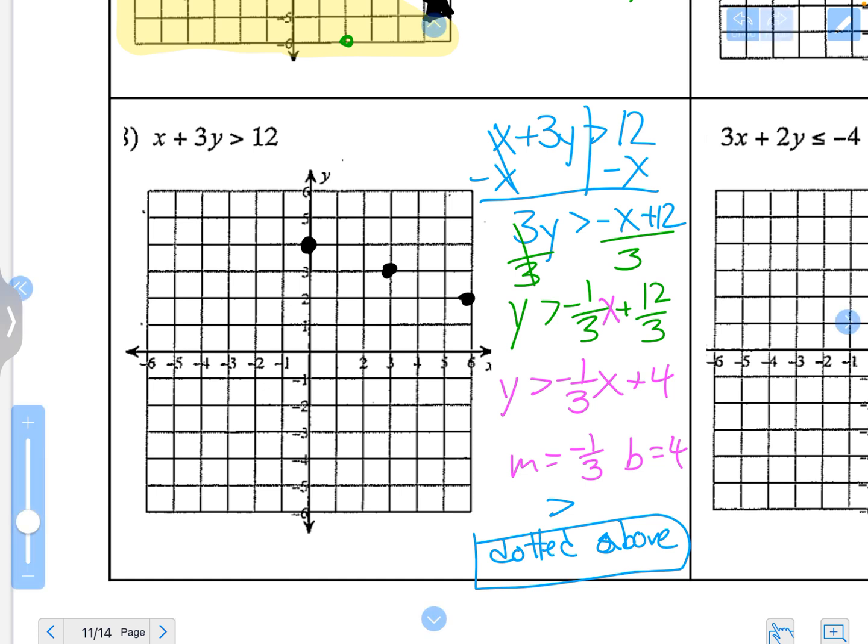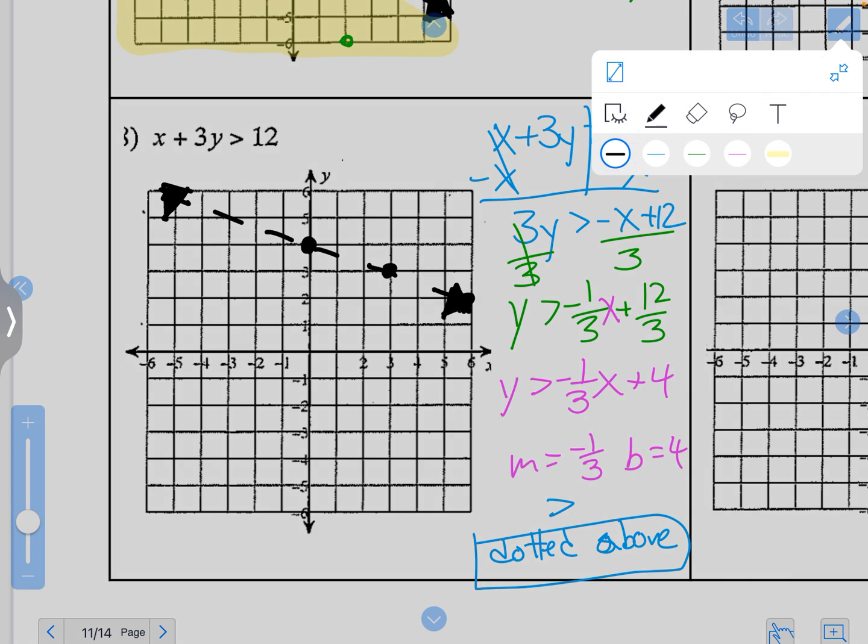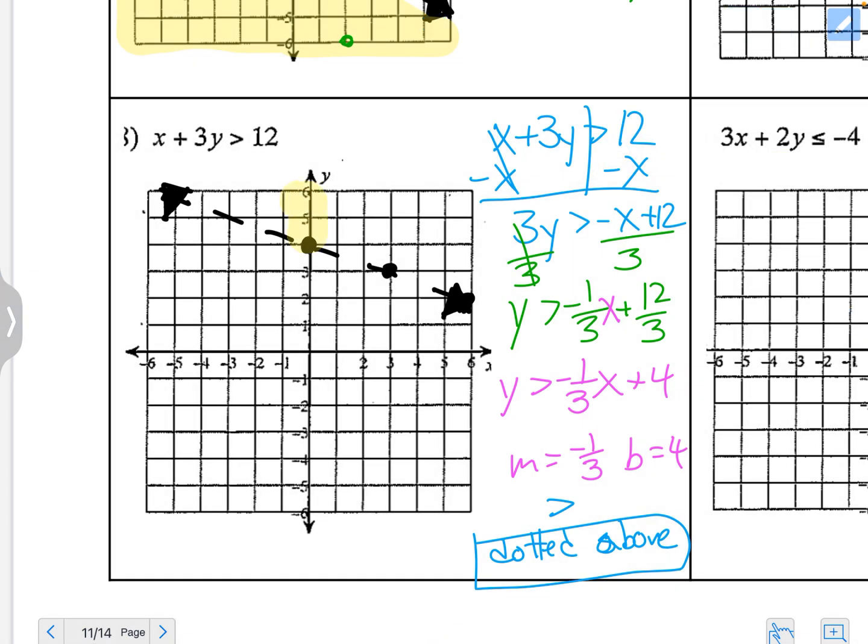And I need a dotted line, so when I get my straight edge, we're going to go dot, dot, dot, dot, dot, dot. Because it's dotted, I am not going to include the points that are on the line in my solutions. And we said we're shading above, so I need to find the y-intercept and shade everything above.